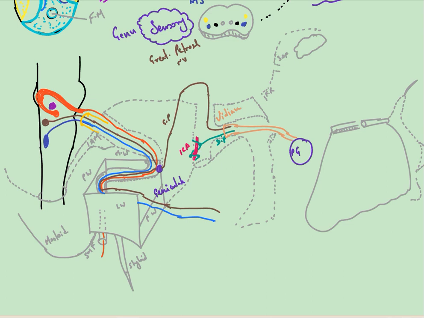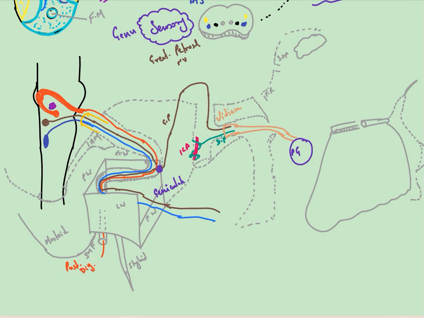Once we have discussed this, the facial nerve comes out of the stylomastoid foramen. Let's see what happens to it. As soon as it comes out of the stylomastoid foramen, first it supplies the posterior belly of digastric.